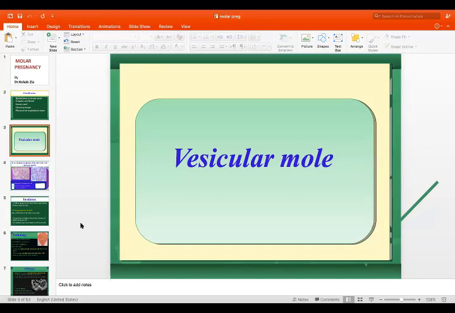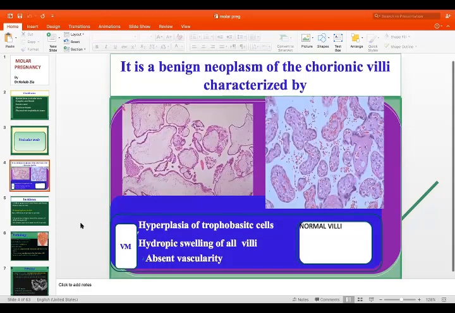Now we will discuss first of all vesicular mole or hydatidiform mole. It's a benign neoplasm of the chorionic villi, which is characterized by hyperplasia of the trophoblastic cells.